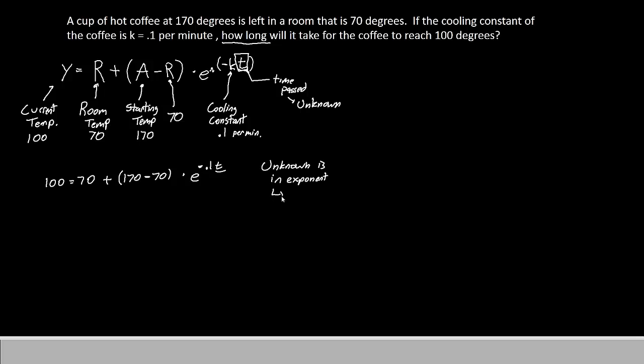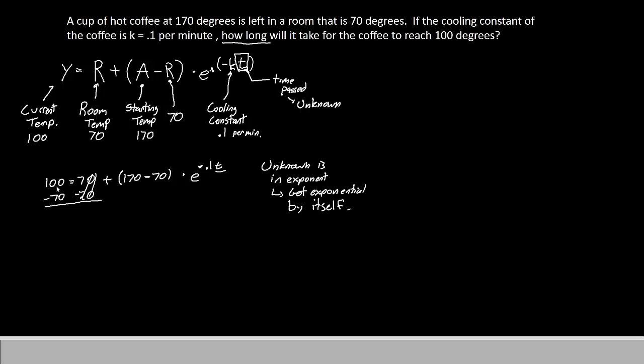And when the unknown is in the exponent, we need to get the exponential by itself. So we need to move all the other numbers away from the exponential. Let's start with the one that's furthest away, the 70. It's not multiplied by the exponential, so it is easy to move.